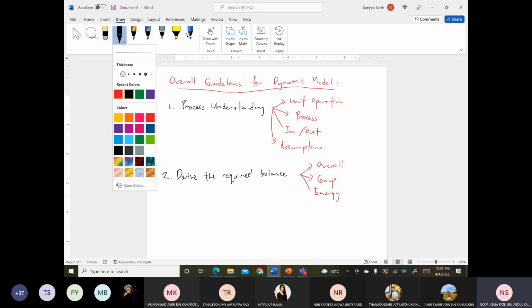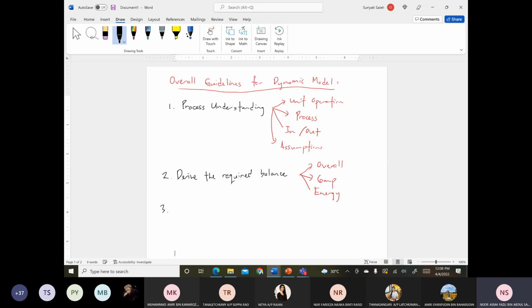And then step number 3 requires the deviation variable. Once you obtain the derivation, you need to develop the deviation form: dynamic state minus the steady state condition.